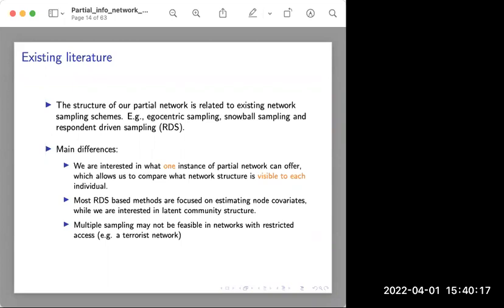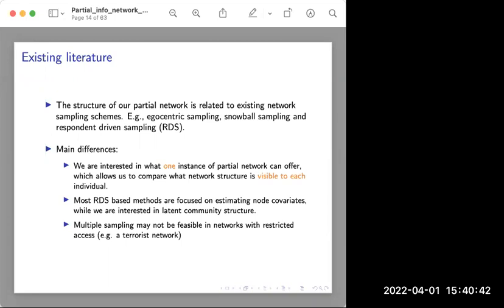Now, snowball sampling and RDS do this in multiple waves. In the first wave, I'm going to recruit my own neighbors. And in the second wave, you're going to ask the neighbors to recruit their neighbors, and it goes on. And in RDS, the recruitment of neighbors can also be probabilistic, and the samples are weighted in some way to adjust for bias and variance.